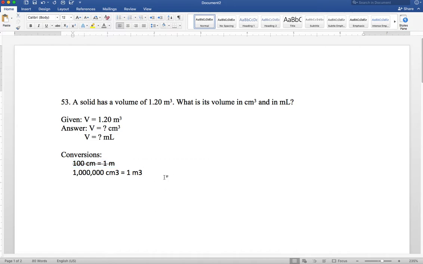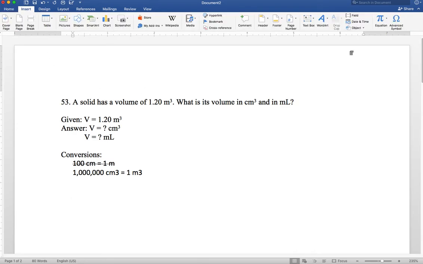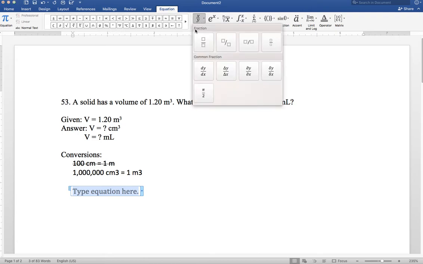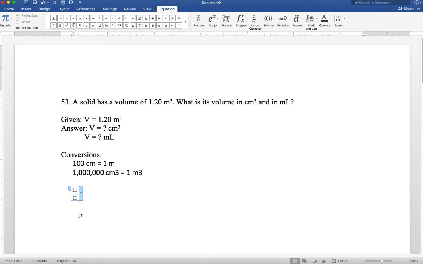And so now, if we've got just a one-step conversion between cubic meters and cubic centimeters, then we can use ratios, and I'm going to set that up like this. It doesn't matter what goes on top and what goes on the bottom, as long as we're consistent on both sides of the equal sign.